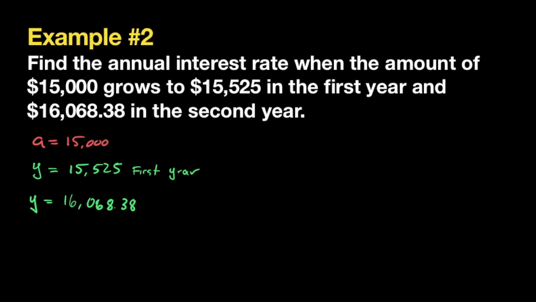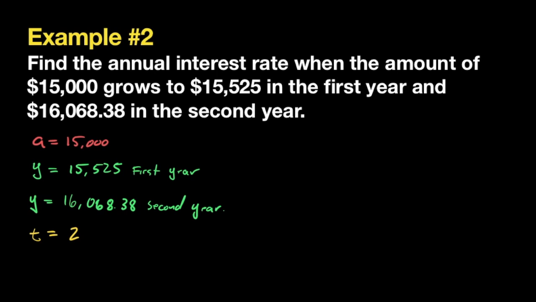And this is in year two. The time that this took was 2 years total. So yes, it increased 1 year and then increased again the second year, but we know that it took 2 years total.